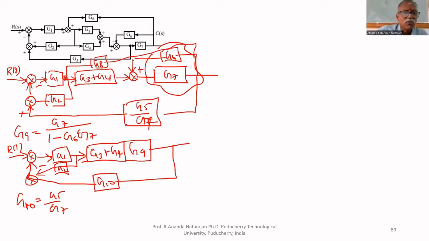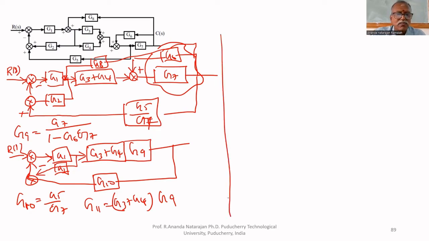Now we can move this also. G2 also we are moving away from that. And this can be called G11. This together, G3 plus G4 multiplied by G9, can be called G11. G11 equal to G3 plus G4 multiplied by G9.